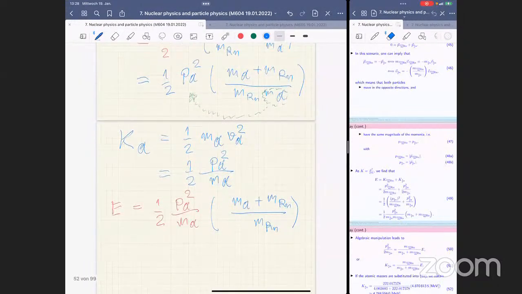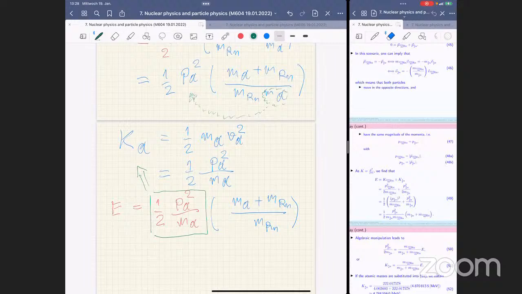Now, the red term on the left-hand side here is exactly the same as what we want, which is the kinetic energy. So, is this correct?